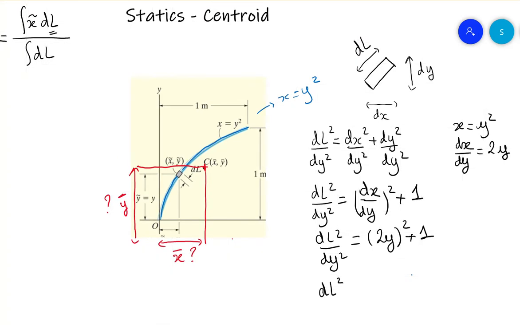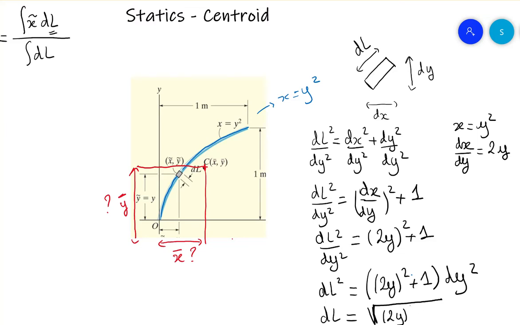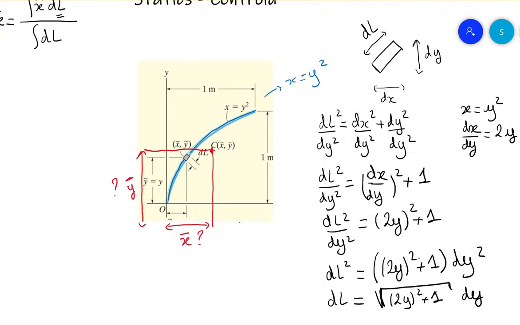Two more steps. dl squared equals ((2y) squared plus 1) times dy squared. And last step, dl is equal to the square root of (2y) squared plus 1 times dy. I take the square root of dy squared, it gives me dy. I was able to write dl just in terms of y, so I will use this as dl.